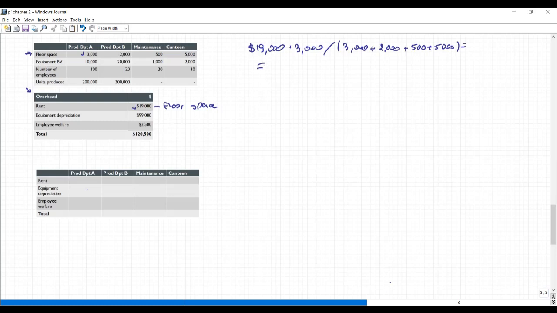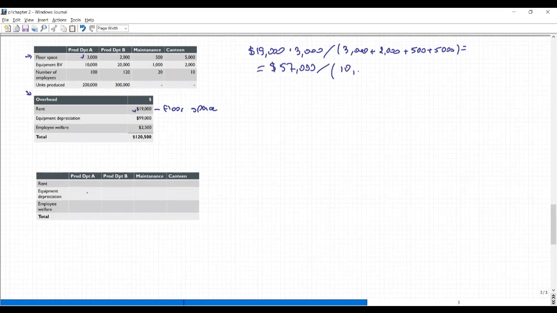Okay, so what we are going to get is 57,000 divided by 10,500, and that is going to give us the amount that we will put for department A as 5,429.